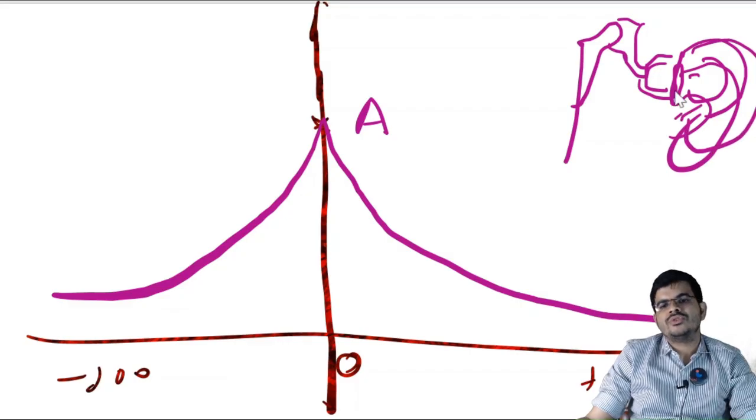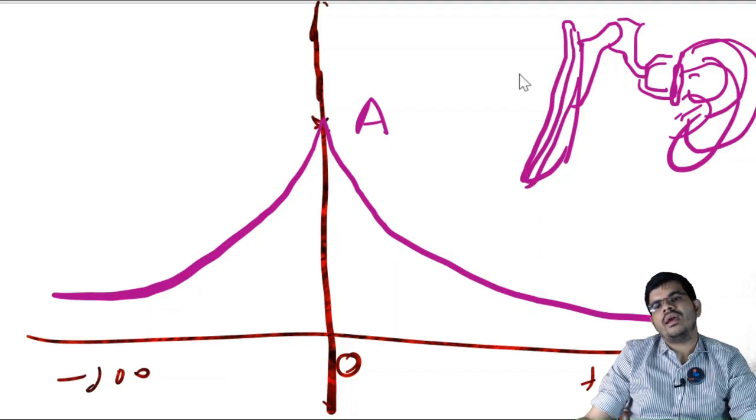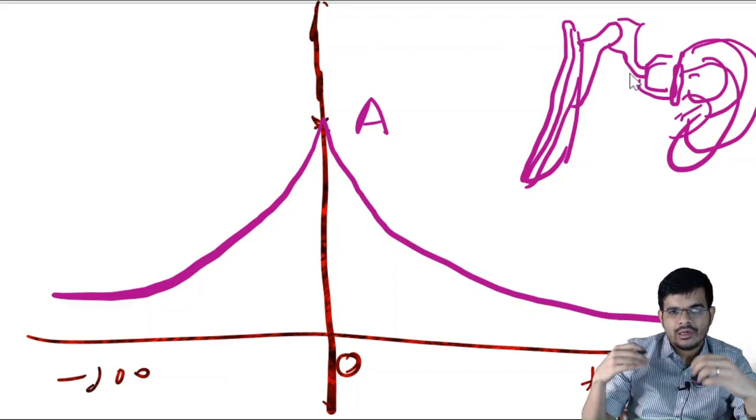If this is the tympanic membrane, it has 3 layers, right? Now, what can happen to cause a change in the compliance?